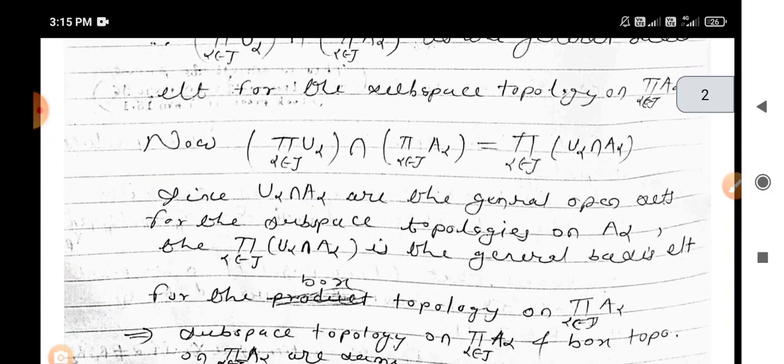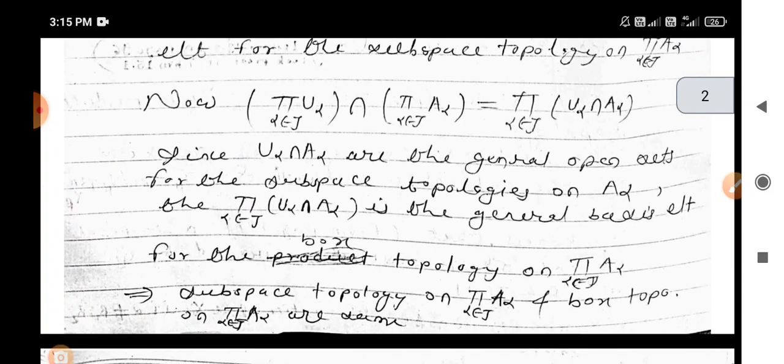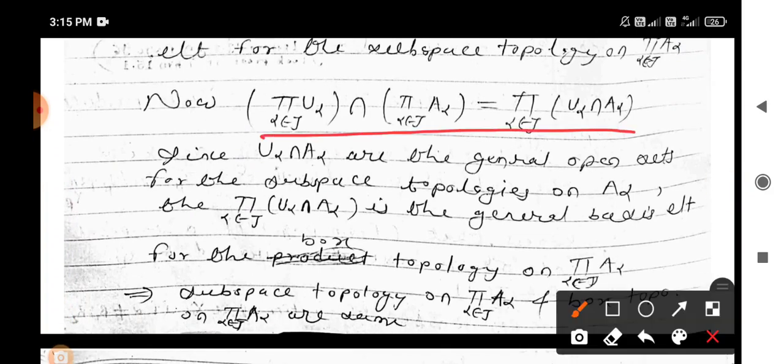For such a basis, the subspace topology on the product of A alpha satisfies the criteria, since U alpha intersection A alpha are the general open sets for the subspace topology on A alpha. From the definition of subspace topology, these sets are open. So these sets are elements of a basis for the box topology.